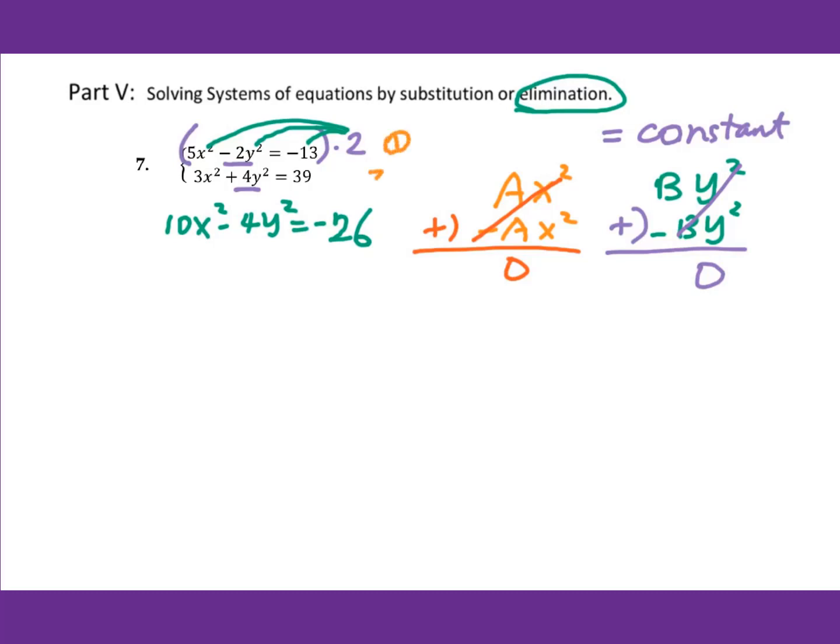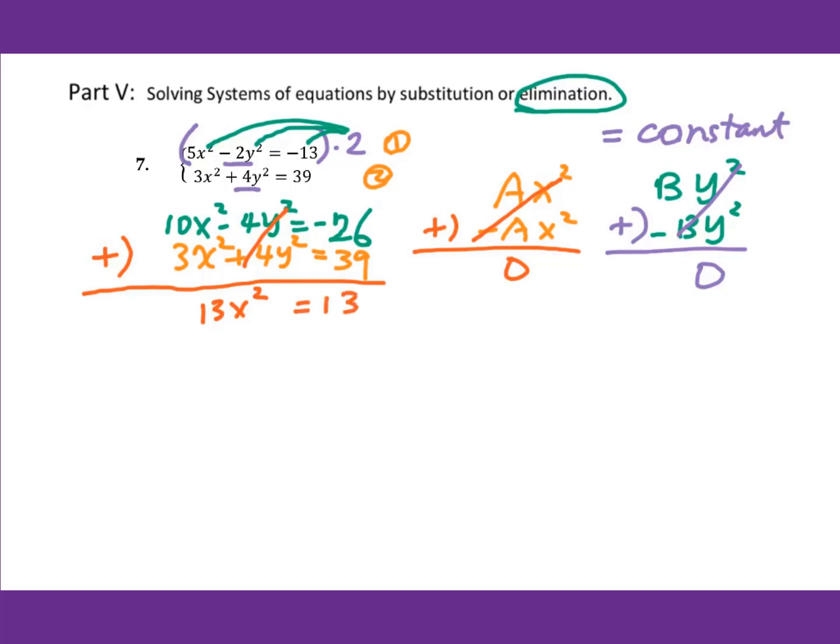This is the first one, second one. So we got 3x squared plus 4y squared equals 39. Then we add to cancel this. We got 13x squared equals 13. Therefore, x squared equals 1. Then x equals plus or minus 1. So we can write down x1 equals 1, x2 equals negative 1.